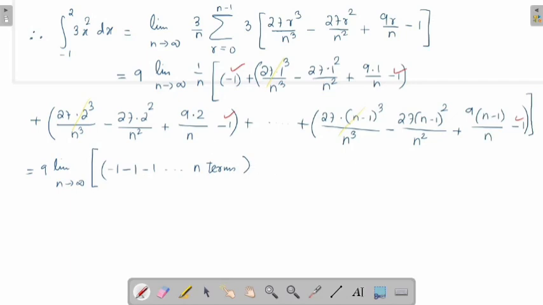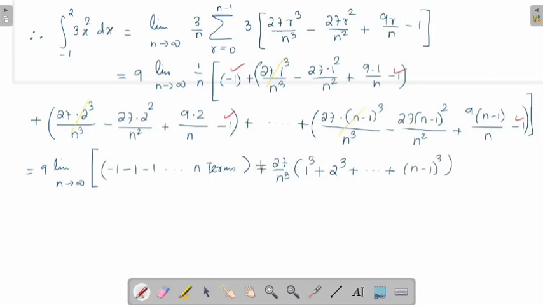So if I take 27 by n cube to be common, then from the first one you get 1 cube, plus from the second one you get 2 cube, plus it continues and the last one is n minus 1 whole cube. Okay, so that's what you get.